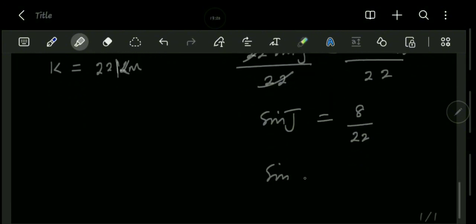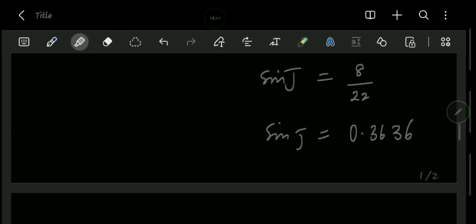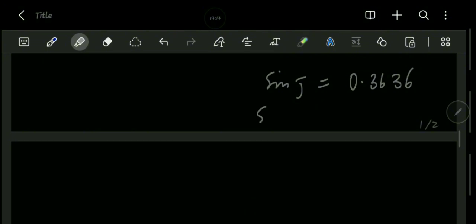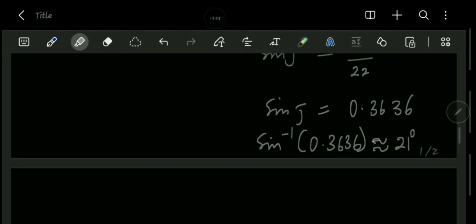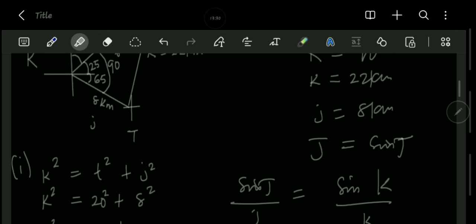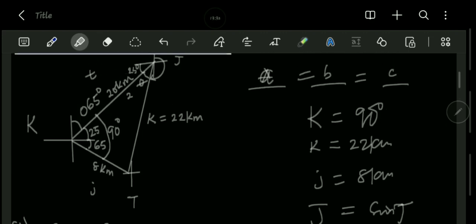So sine j should be equal to 0.3636. To find the value of j, I find the inverse of sine. The arc sine of 0.3636 is approximately equal to 21 degrees. That means the angle I'm looking for in this position is 21 degrees.